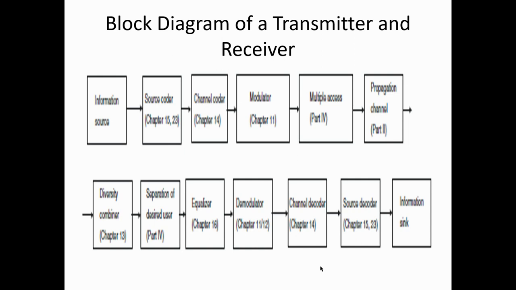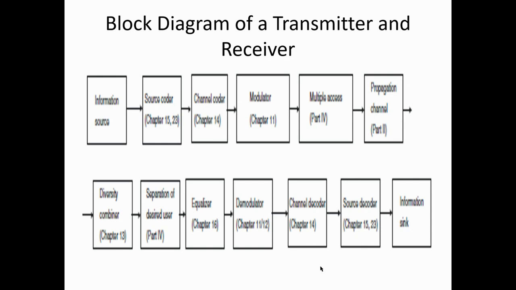The first block is the information source. The information source generates information which has to be transmitted through the wireless communication link. The information may be voice, video, audio or image. Whatever it is, the information initially will be analog information.